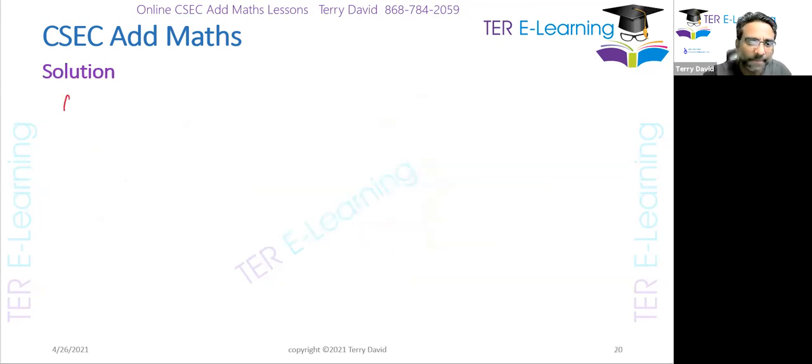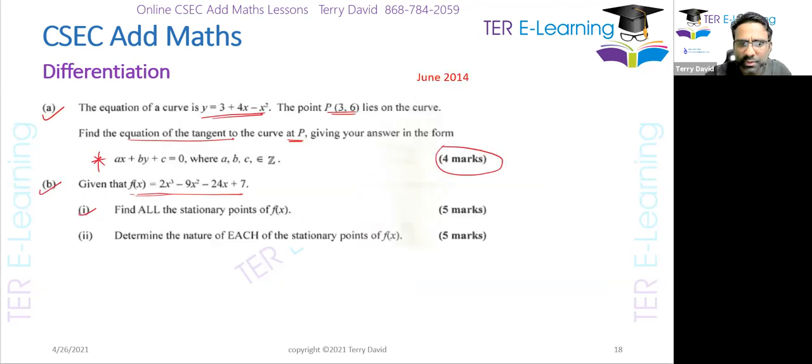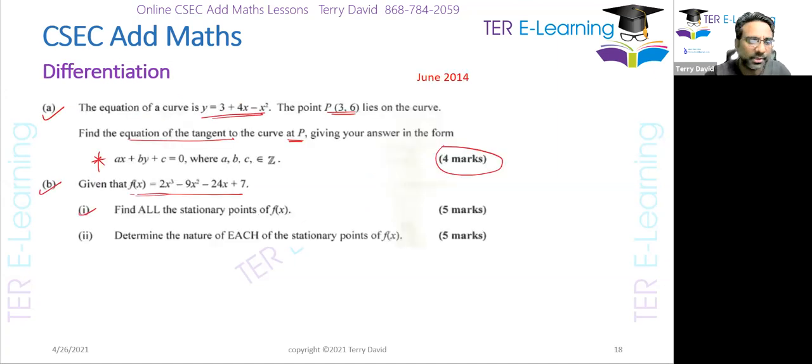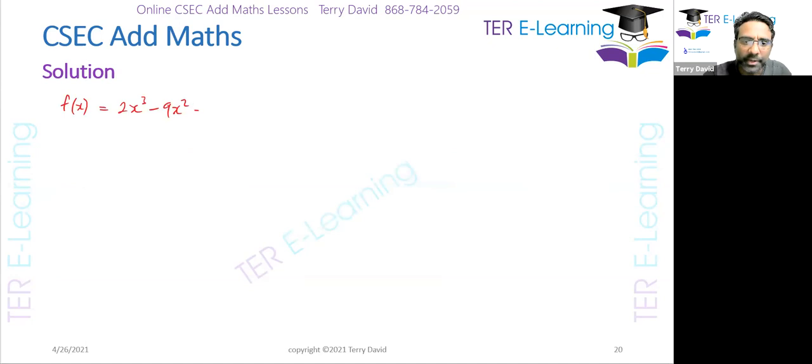So f of x is equal to 2x cubed minus 9x squared minus 24x plus 7.